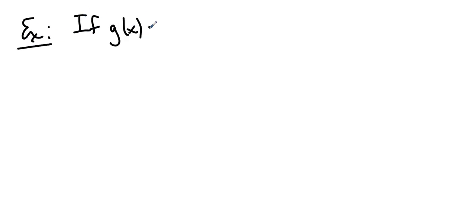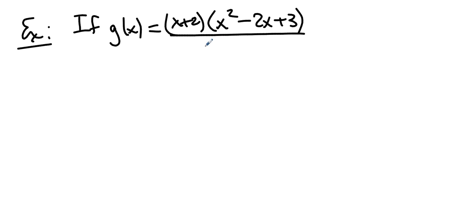If g of x is x plus 2 times x squared minus 2x plus 3, over x cubed plus 2, find g prime of x. Well, that's doable.